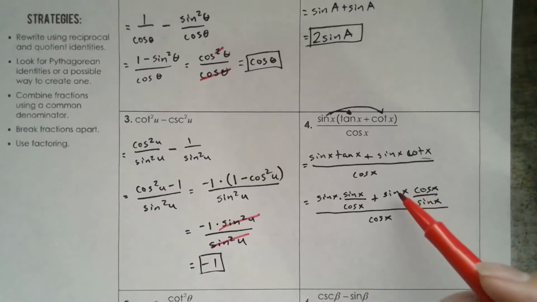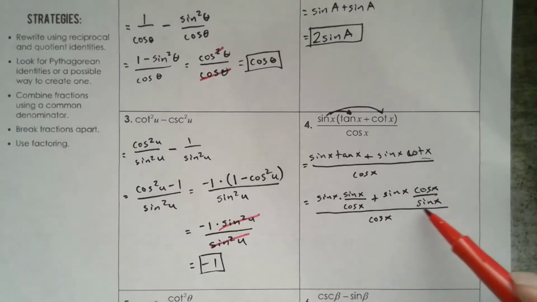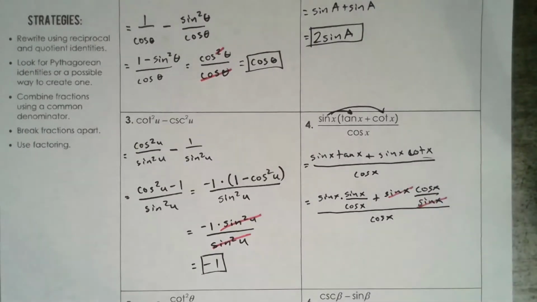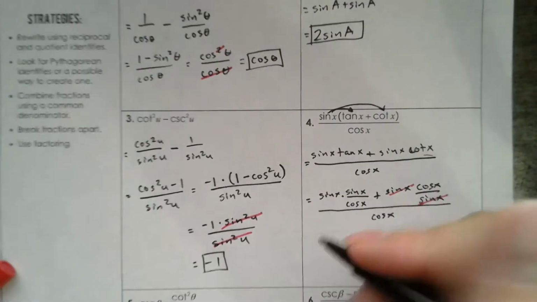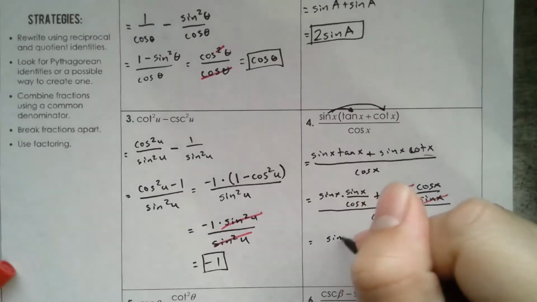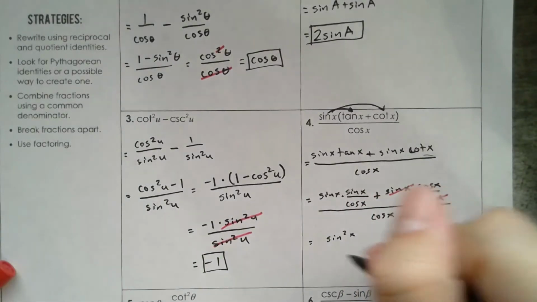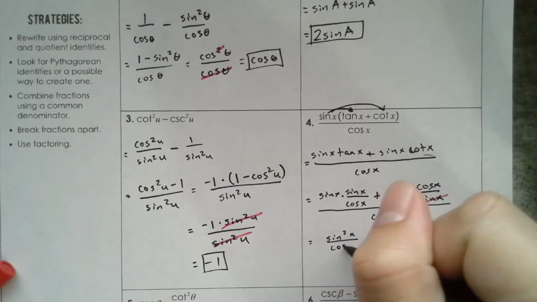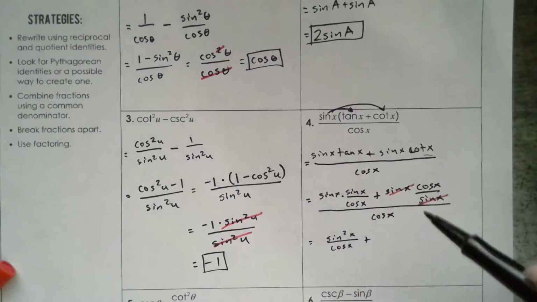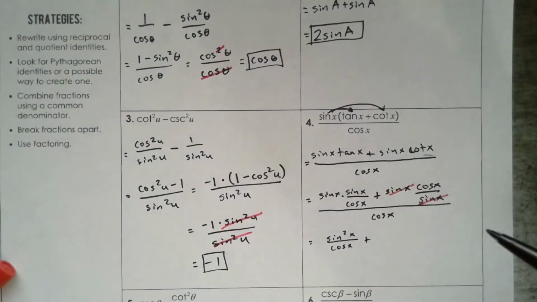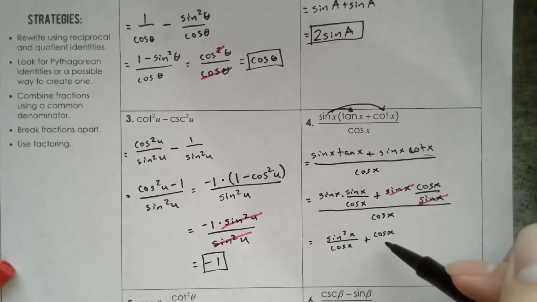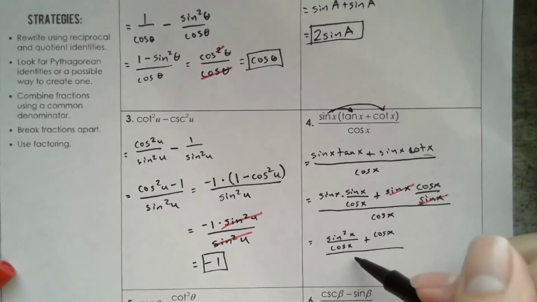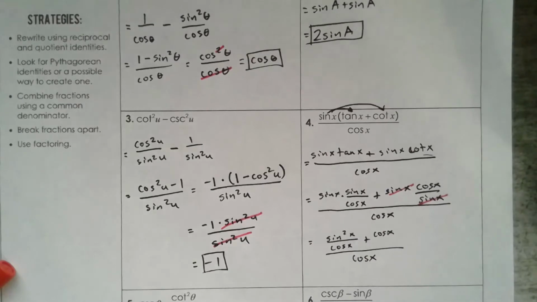On this term here, sine x times cosine x over sine x, these guys go away. And then right here, sine x times sine x, I'm going to have sine squared x over cosine x plus cosine x. And then that's it, because the sine x canceled, and that's all over cosine x.